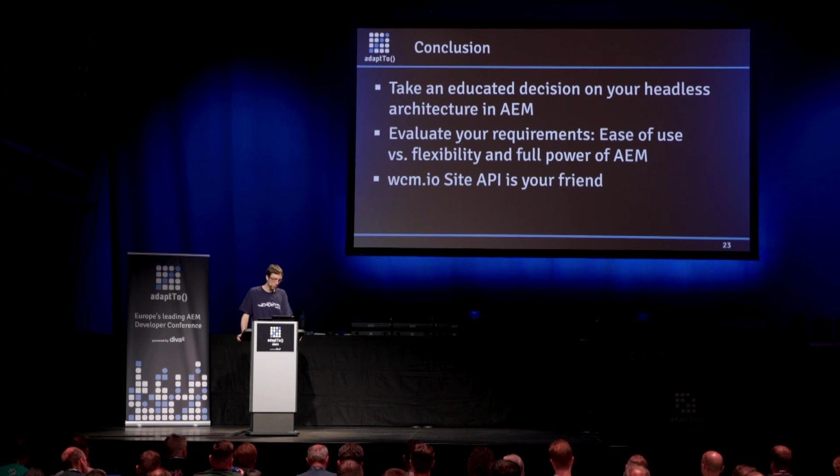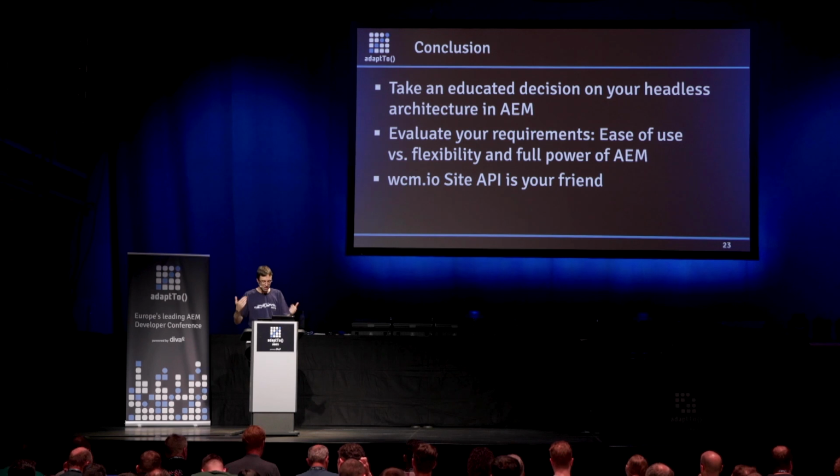But if you need more, if you have a very complex customer environment with lots of special custom components, integrations and so on, and you really want to make a JSON representation and an API which is as perfect and fail-safe as possible for the client to consume, so you can do everything you can do in the backend, then I think you have more flexibility using AEM Sites and the Sling Models exporter.